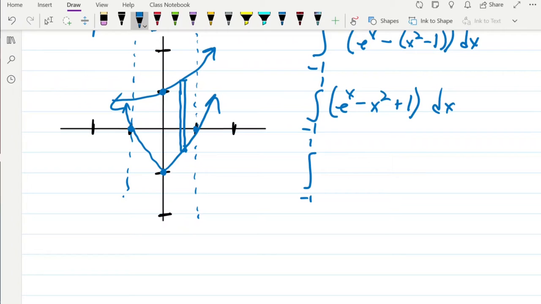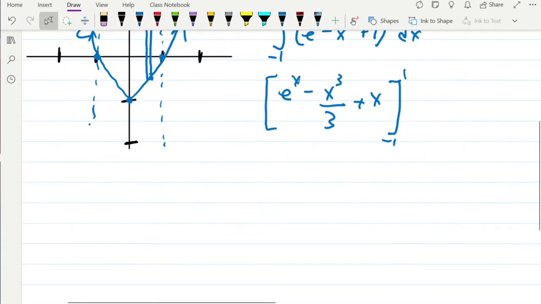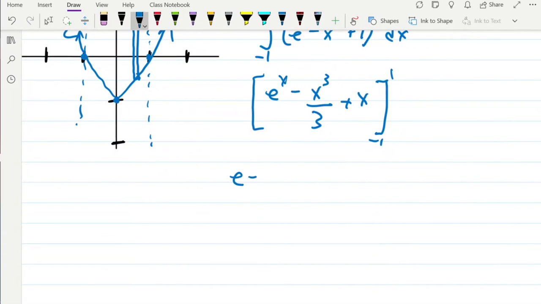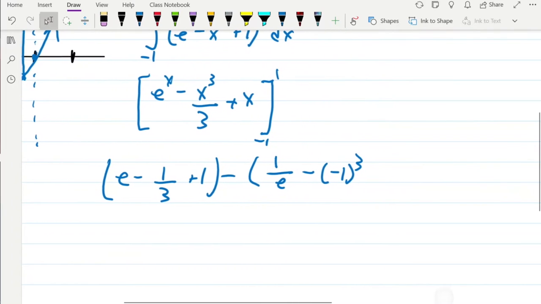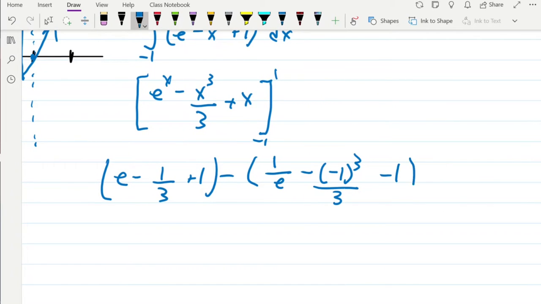So now we'll have e to the x minus x to the third power over 3 plus x, all evaluated from -1 to 1. Then we can input, so we'll have e minus 1 over 3 plus 1, minus 1 over e minus (-1 to the third power, which is -1 over 3) minus 1.